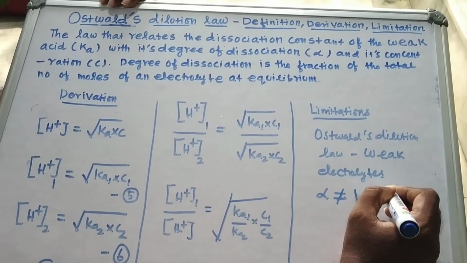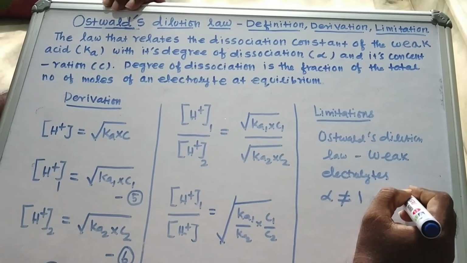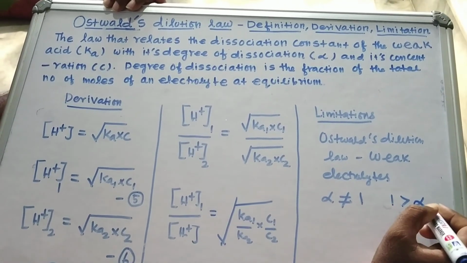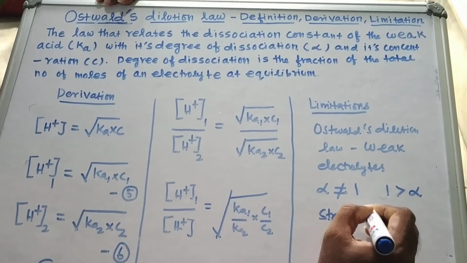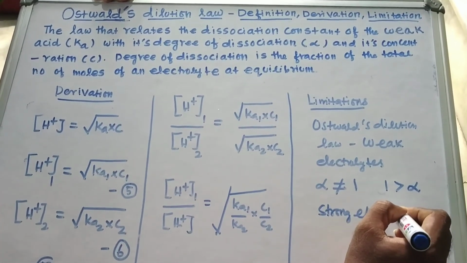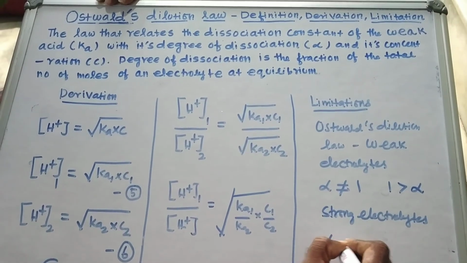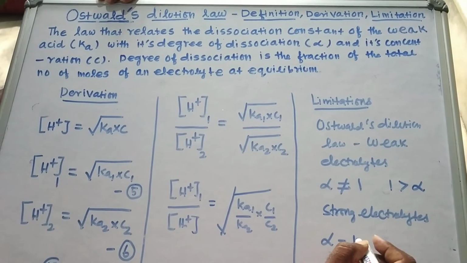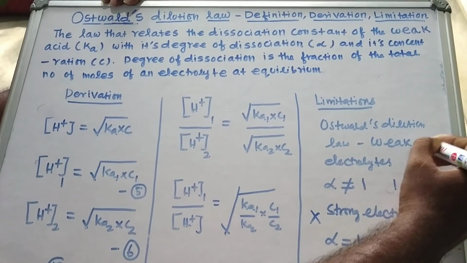The value of alpha is always less than 1. Okay, alpha value is always less than 1. For the case of strong electrolytes, the value of alpha is equal to 1. Therefore, it is not fit for strong electrolytes. It's only fit for weak electrolytes.